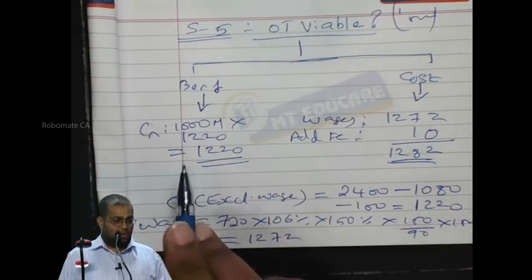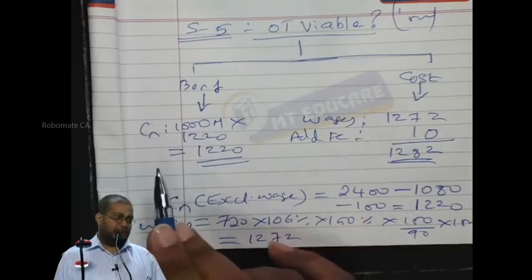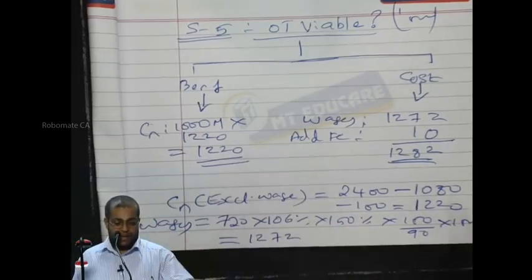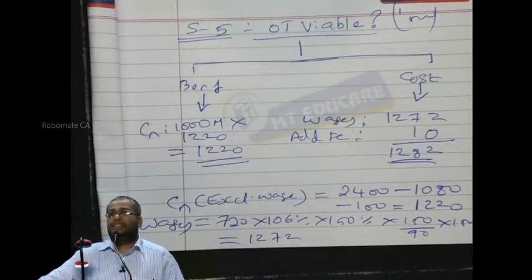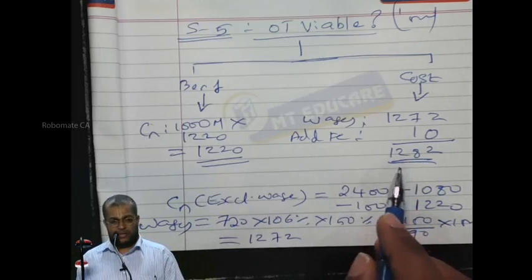So what I am dictating? It is not viable to work overtime because the cost exceeds benefit by 62,000. The cost exceeds benefit by 62,000.